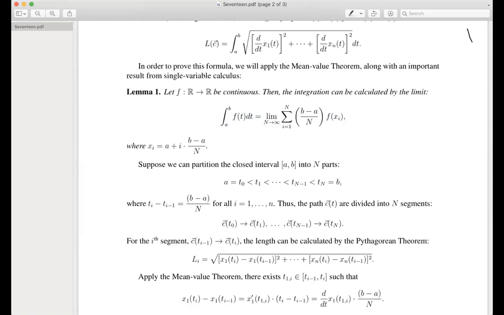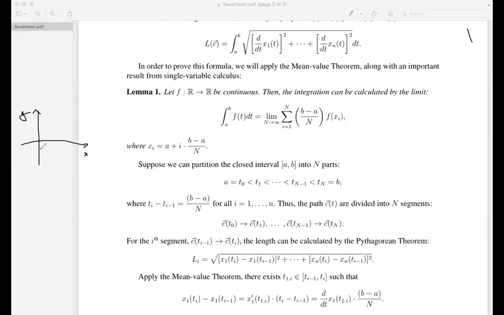Right, to put in the general picture, x, y, and this is f(x).